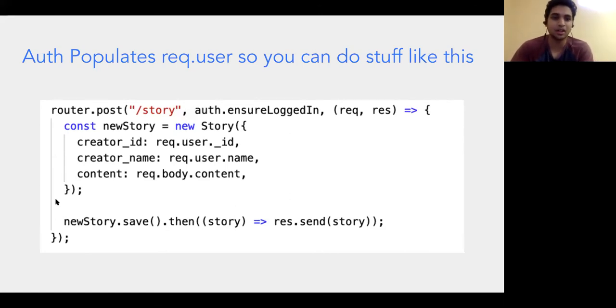So when a client posts a story, they don't need to pass in their own name as a parameter because you already have access to it using req.user. And it's useful because this way people can't fake their names. So like if we took in the user's name as a parameter, they could put in a different name than they actually were. And that would be bad.